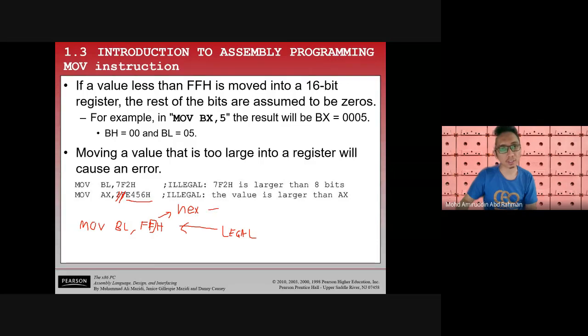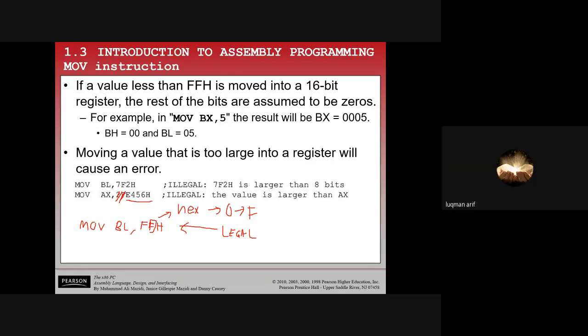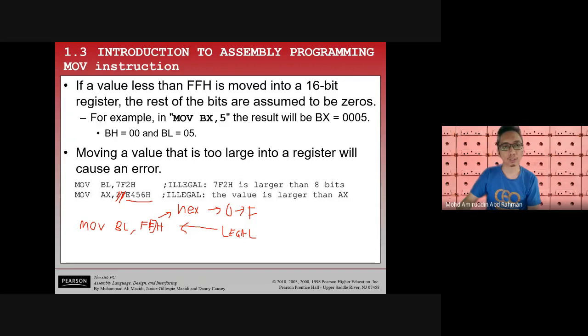So hex is from 0 to F. 0, 1, 2, 3, 4, 5, 6, 7, 8, 9, and then A, B, C, D, E, F. So F is the maximum value for the hex. Because H here is denoted for hex.